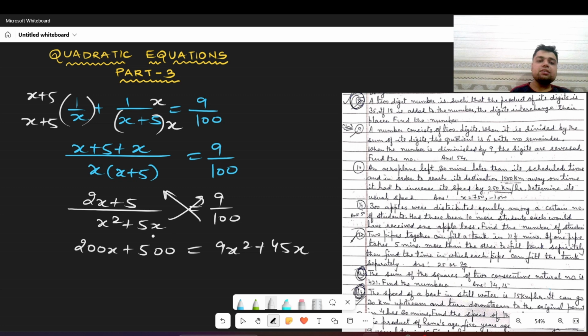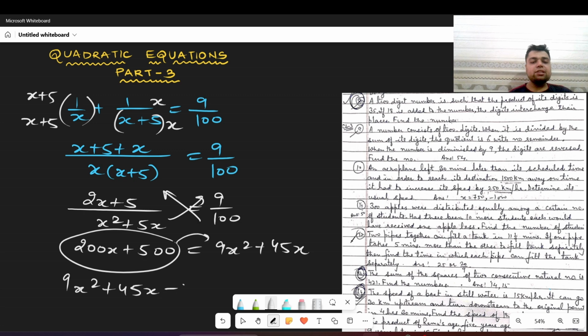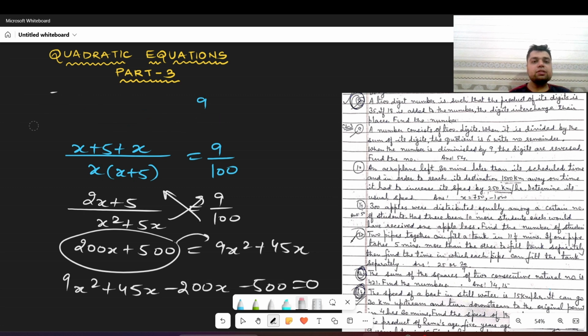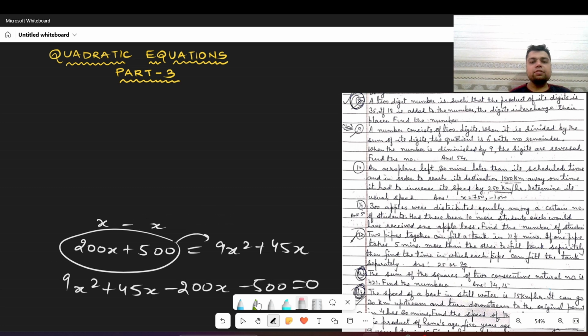I will take all the things on the other side to make the coefficient of x square positive. So it will become 9x square plus 45x minus 200x minus 500 is equal to 0. So my new equation will become 9x square minus 155x minus 500 is equal to 0.